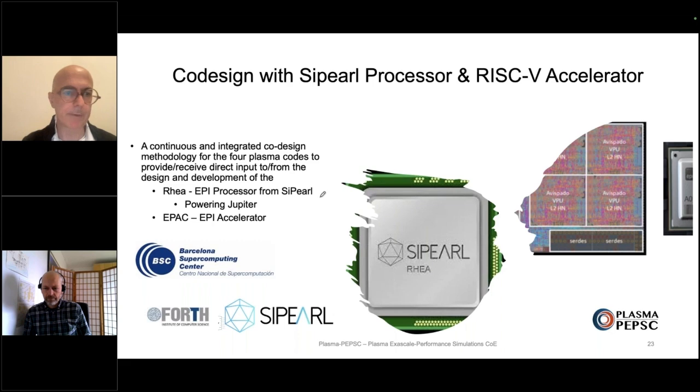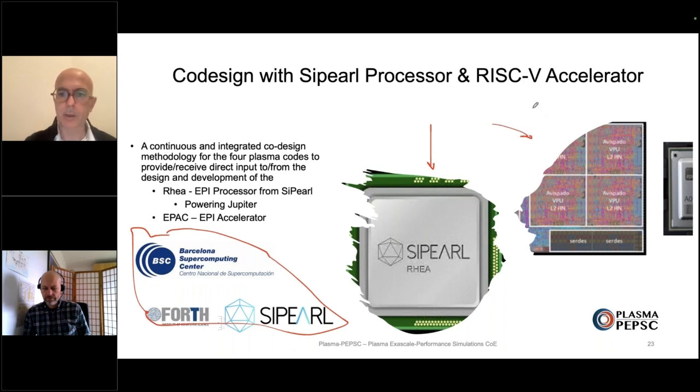Also, we have extremely exciting work on so-called co-design and on working with the code on a simulator, and the first prototype of the Cyper ARM processor. So this is a simulator and the EPAC RISC-V accelerator.